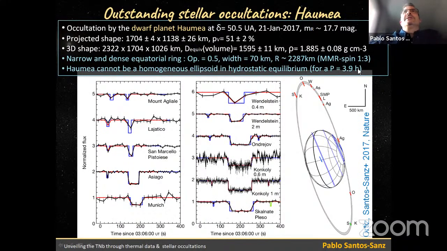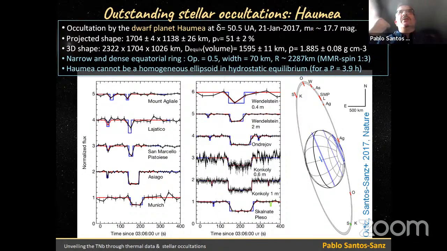2,287 kilometers. And well, I forgot to say that the rings of Chariclo are in a spin-mean motion resonance 3-1. This means that when one particle in the ring completes one revolution, the body completes 3 revolutions.